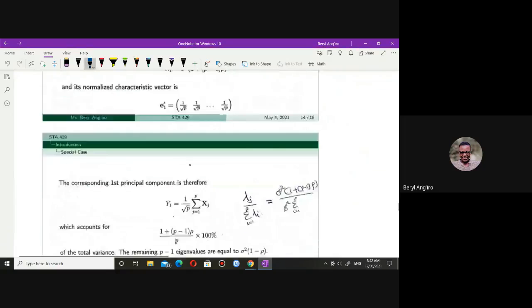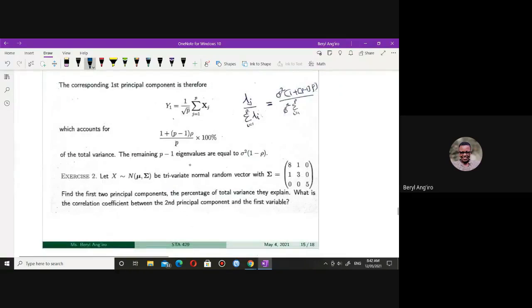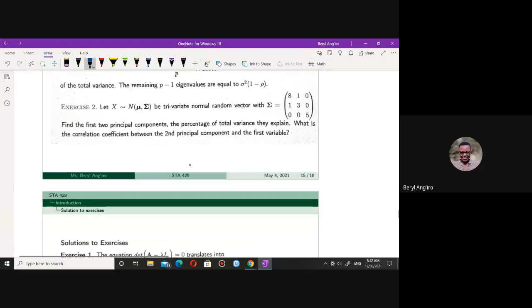So there's an exercise on the same with the solution. Here we have that x is a trivariate normal random vector, and the dispersion matrix is given by this. So here, first find the first two principal components, that is y1 and y2.